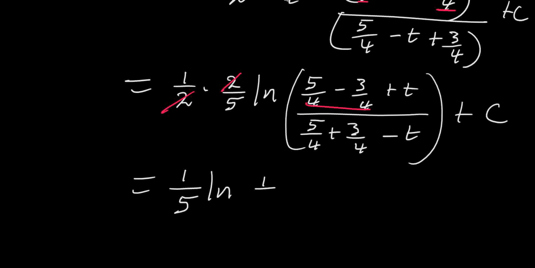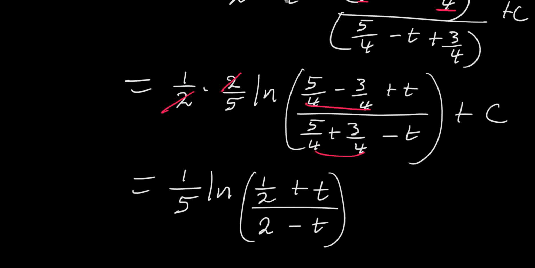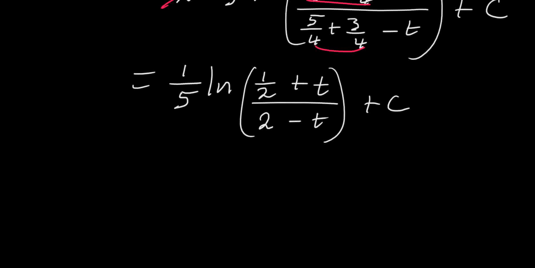So 1/2 plus t over, let's also simplify this, and that's going to give us 8 over 4, which is 2. So this will become 2 minus t, plus c. You can put this in parentheses, plus c. Now let's multiply both the numerator and the denominator by 2. So this is going to give us 1 over 5.